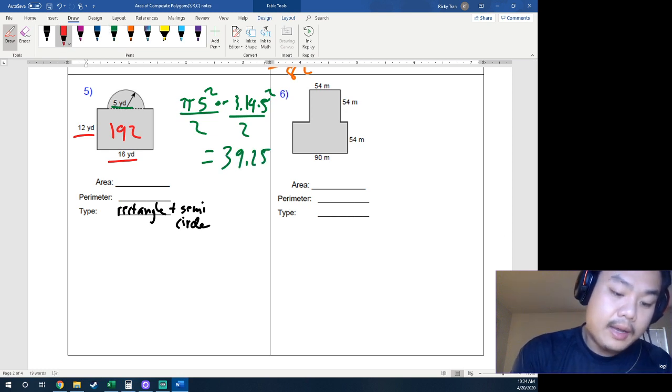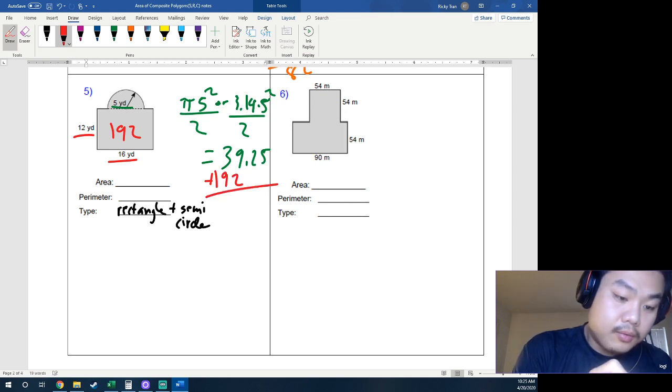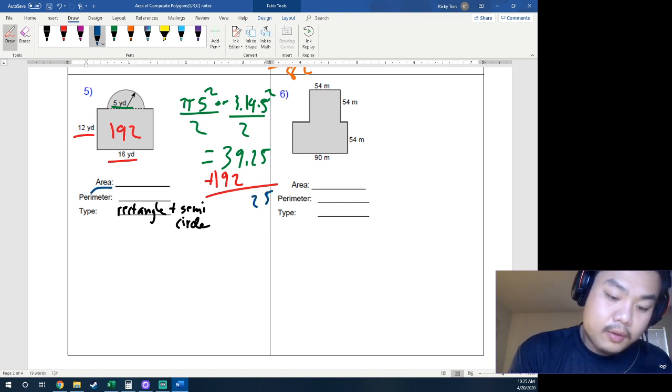Okay, and then you add 192, and you get 231.25 yards squared.